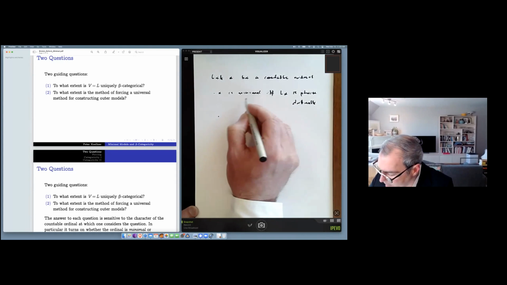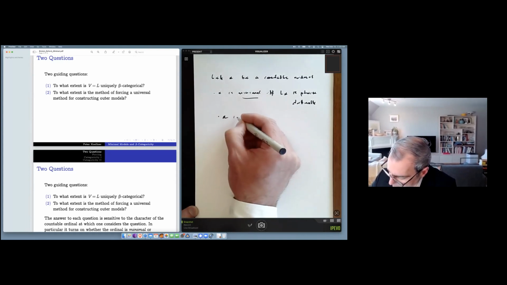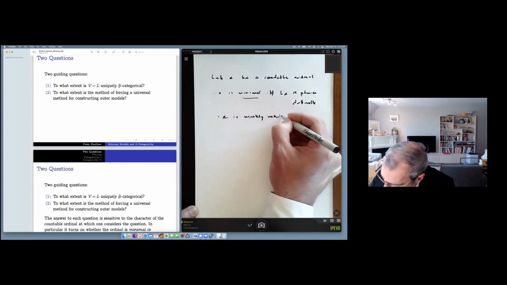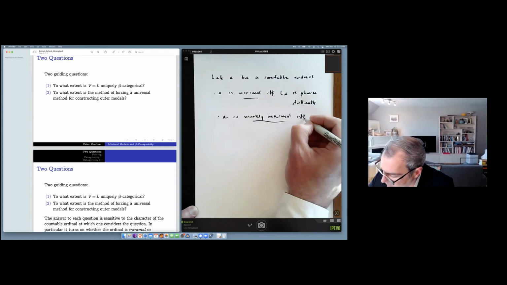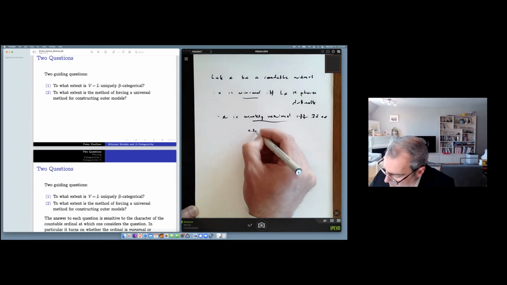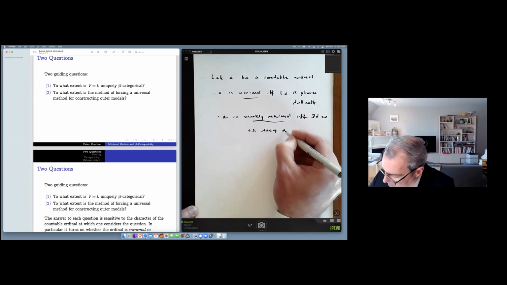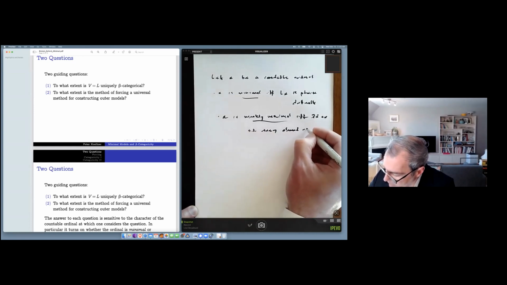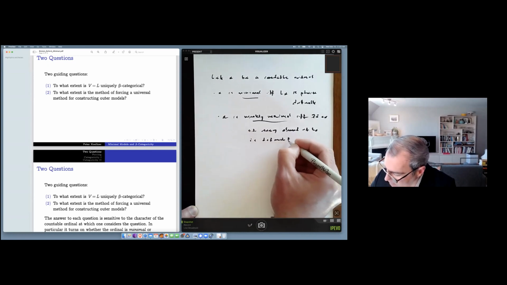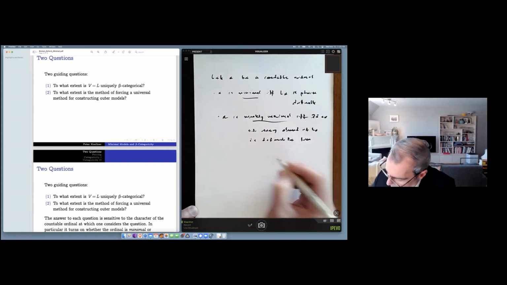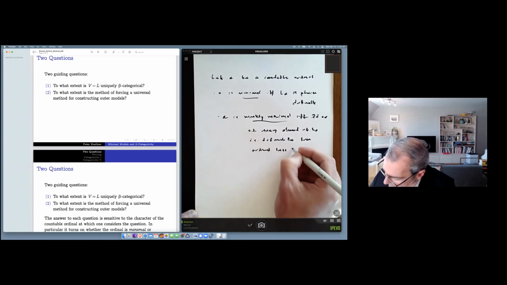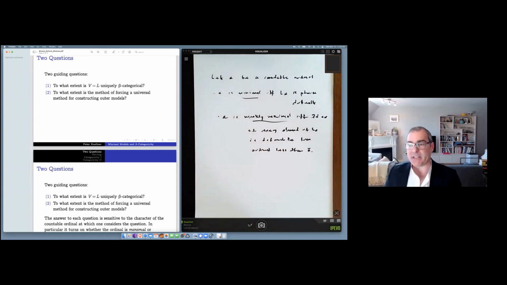And I'll say that alpha is weakly minimal if and only if there exists an alpha bar less than alpha, such that every element of L alpha is definable from ordinals less than alpha bar. So that's at one end of the spectrum.